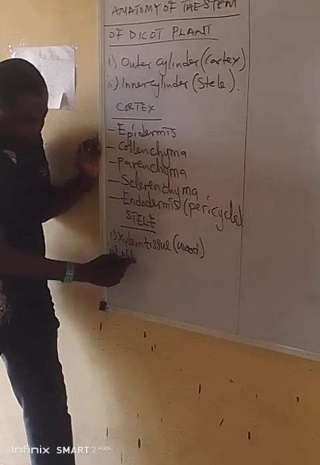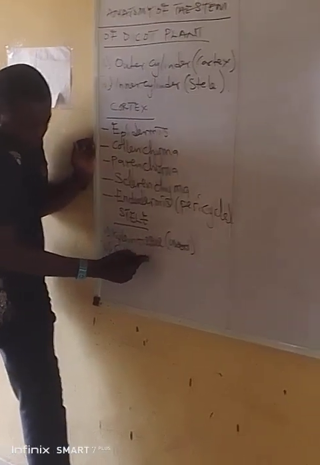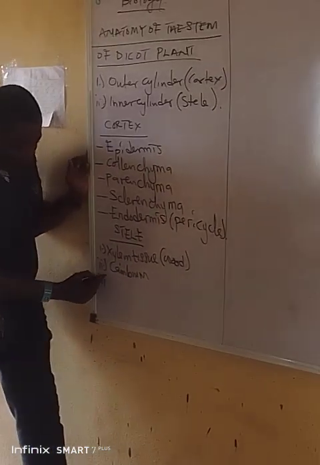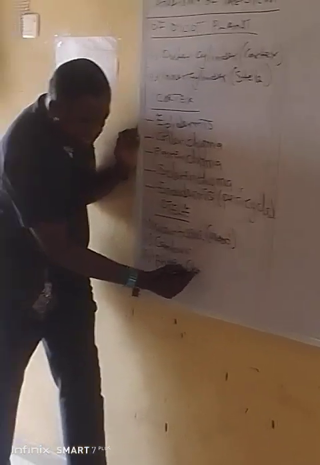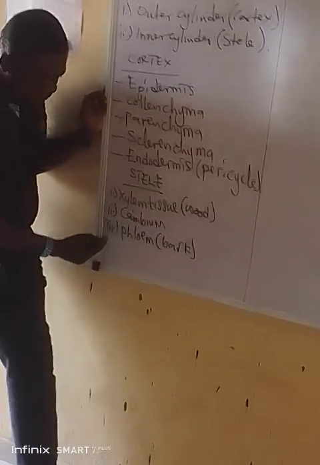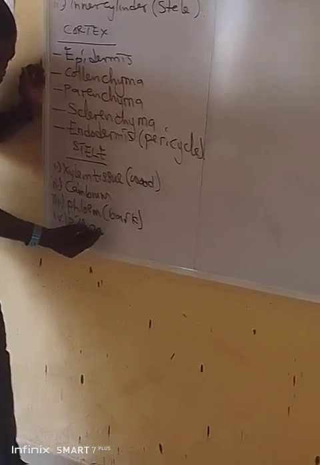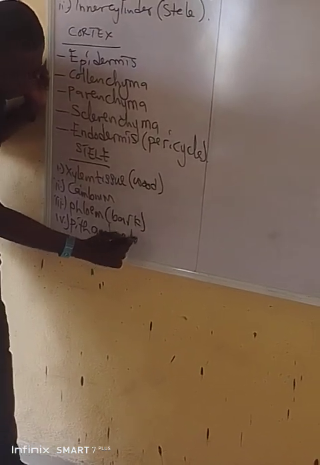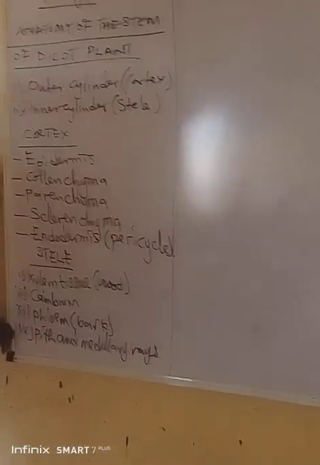Before cambium, we have phloem. Cambium. Then the next one is phloem, or you call it bark. Then we have what we call pith and medullary ray. So these are the things that make up the inner cylinder.